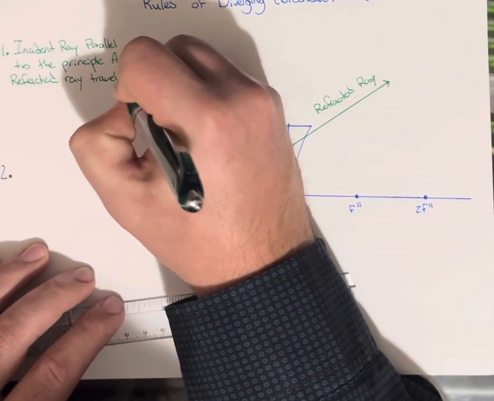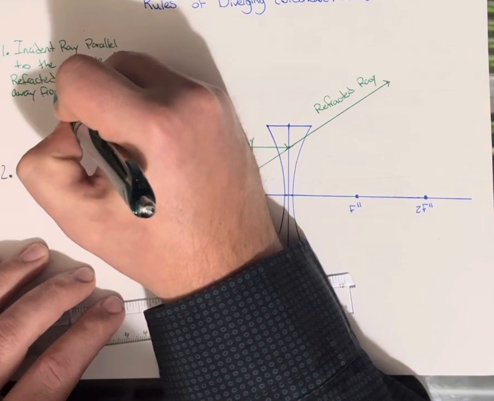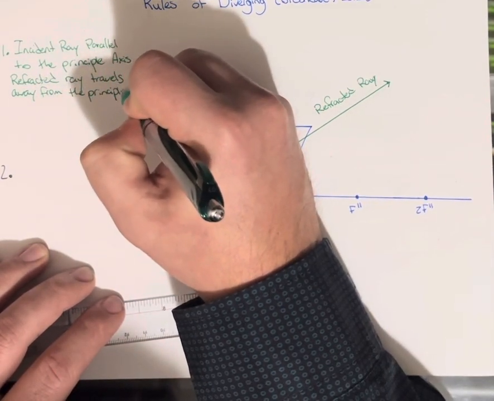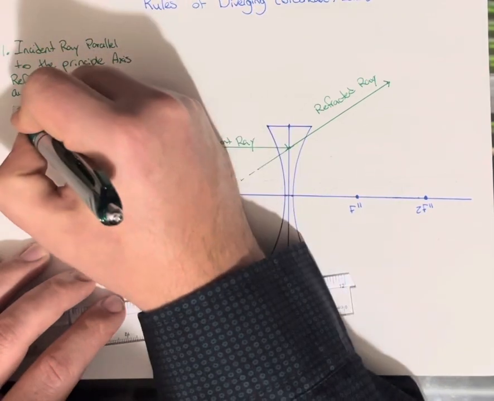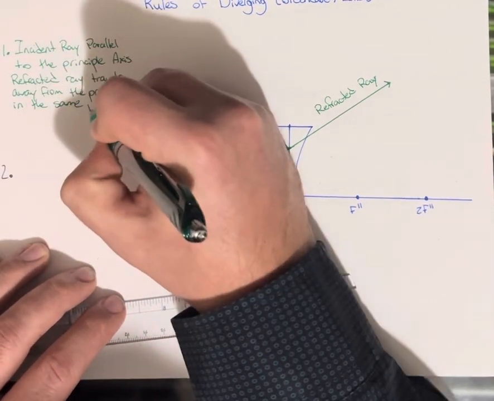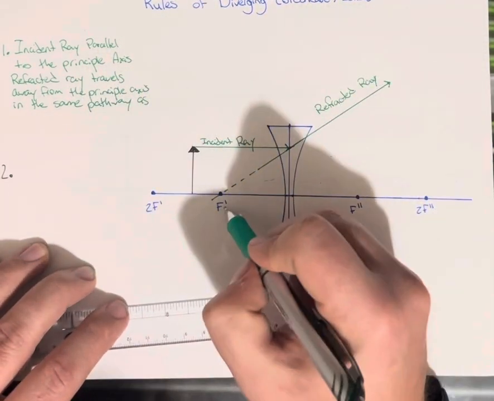So the refracted ray travels away from the principal axis in the same pathway as F prime.